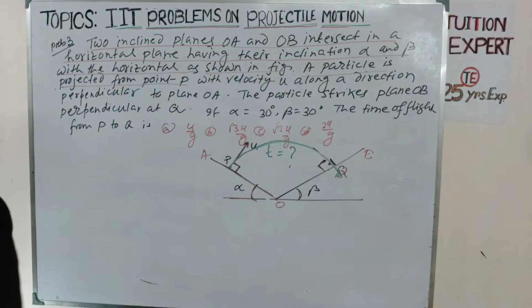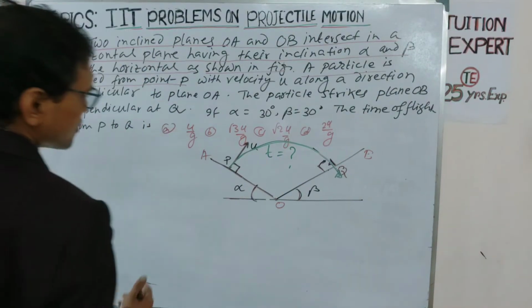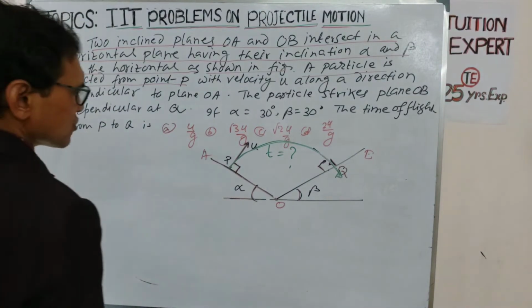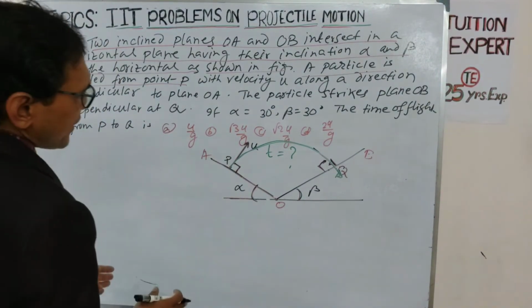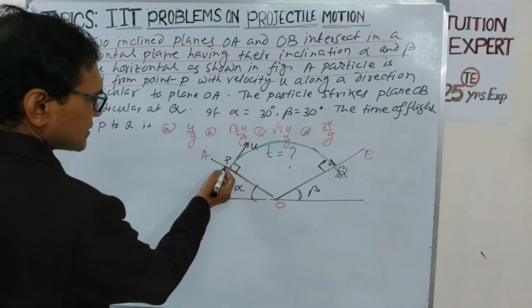Now to solve this type of problem, I have said already that we have to resolve the velocity and acceleration components along two directions, x and y. So we take x and y axes as are convenient.